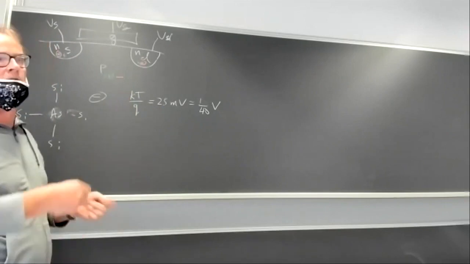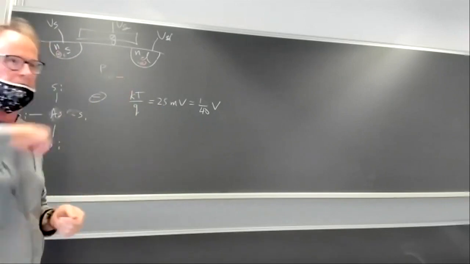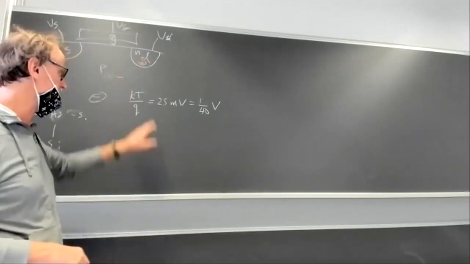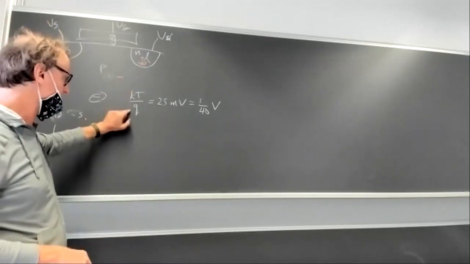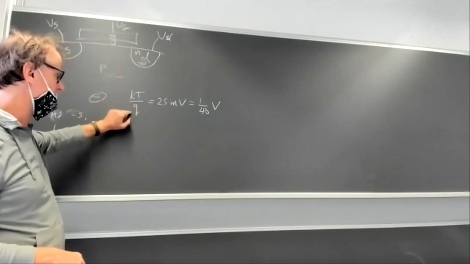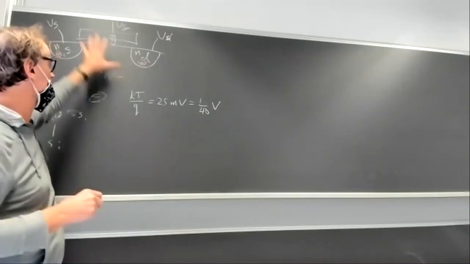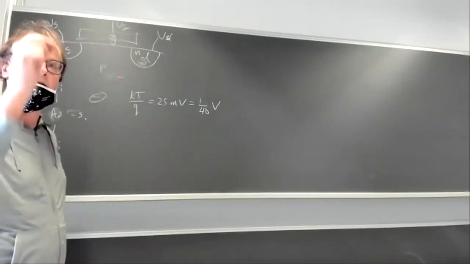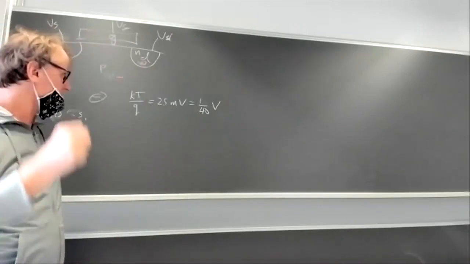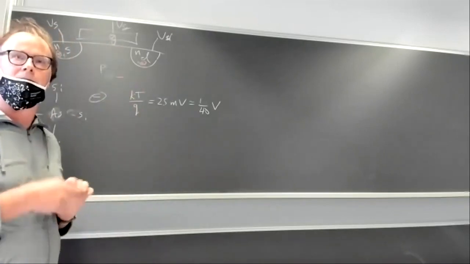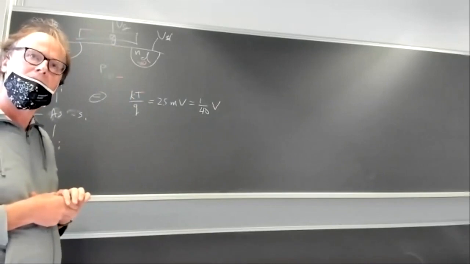The scale of energy is kT, but the voltage that corresponds to it is kT over q. And that's 25 millivolts. When you apply a 25 millivolt change, you're basically changing the potential by 1 thermal energy. This is assuming we're working at 300 Kelvin.